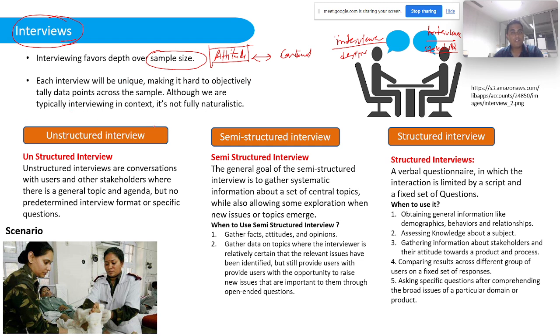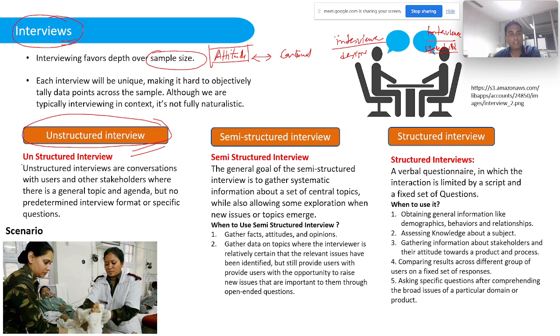So there are three types of interview techniques. Very common is the unstructured interview. Generally, when we go for a contextual inquiry, we often encounter this kind of interview process. While looking at certain scenarios, certain workflows, we have some inquiries, and we ask the user at the same time while doing a particular task.